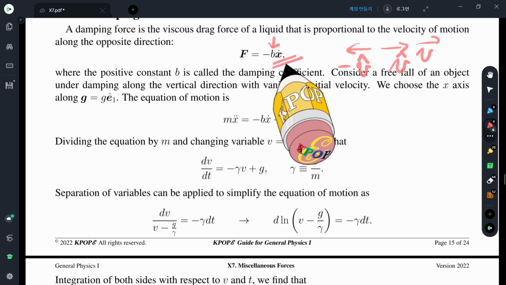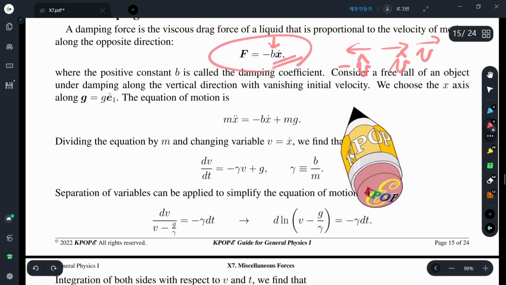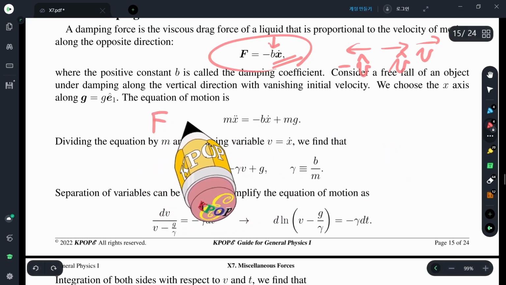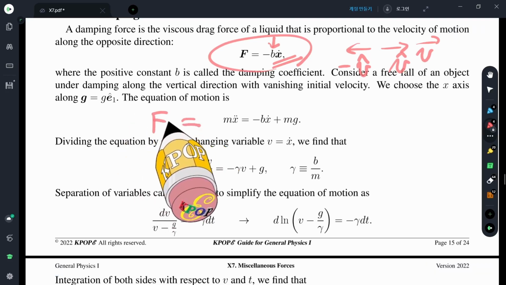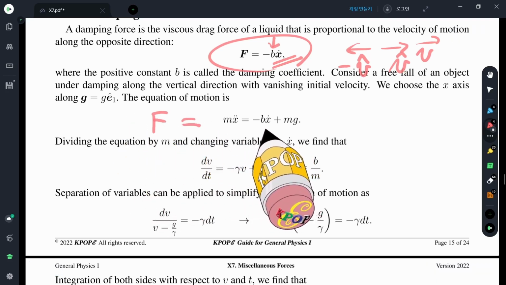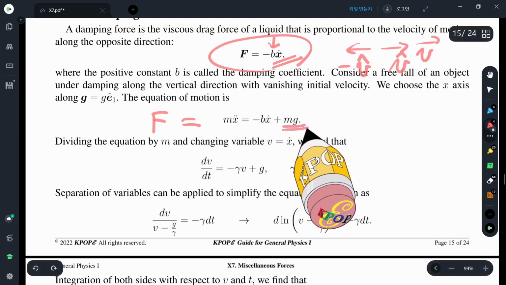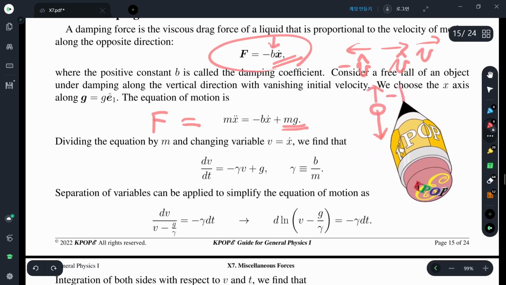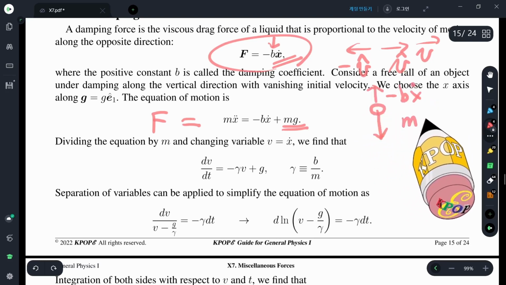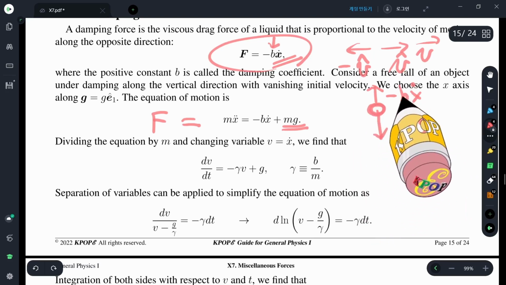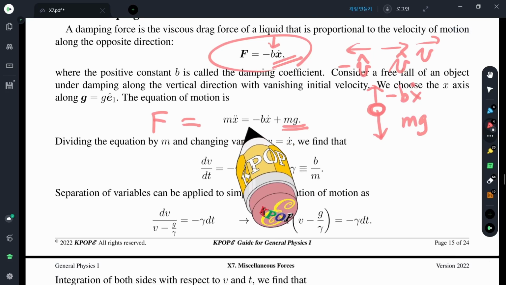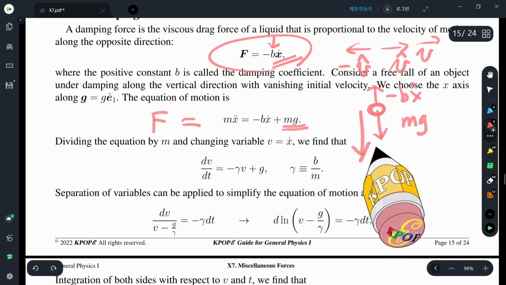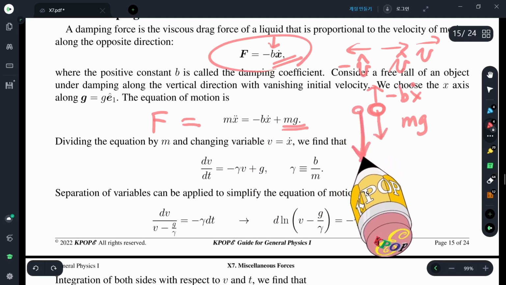We apply this damping force on a freely falling body, then Newton's law of motion gives F equals ma. And that F is the superposition of two forces: mg, that is the gravitational force, and in the opposite direction we have b x dot. We have mg minus b x dot, that is opposite to the motion. So the x in here increases as the falling body goes forward.